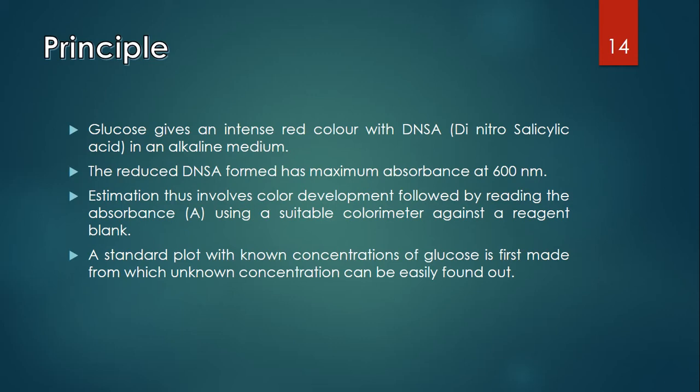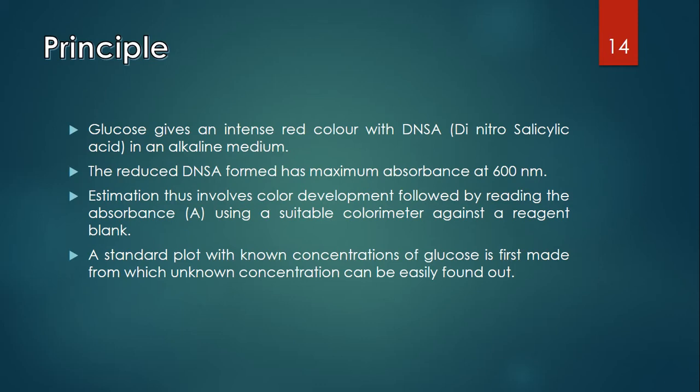For that we have used NaOH. The reduced DNSA formed has the maximum absorbance at 600 nanometer. So you will see that the reduced DNSA is of red color and it shows maximum absorbance at 600 nanometer.